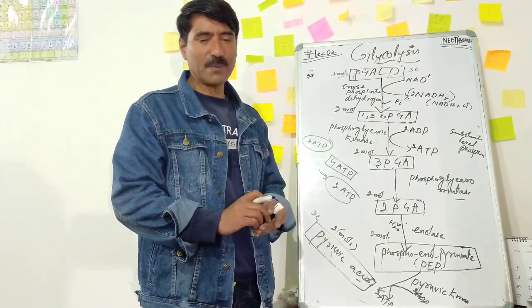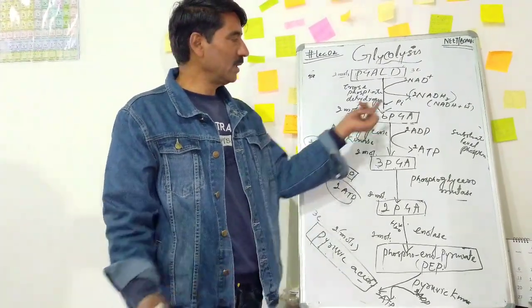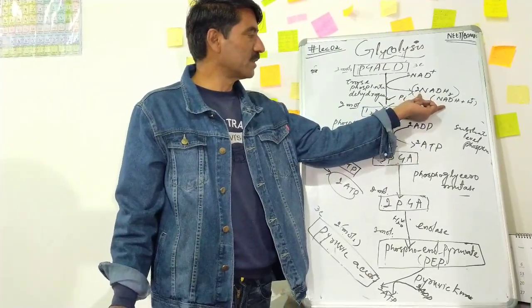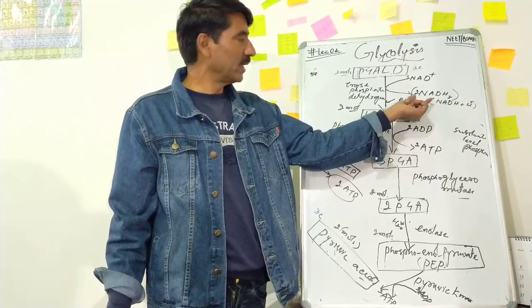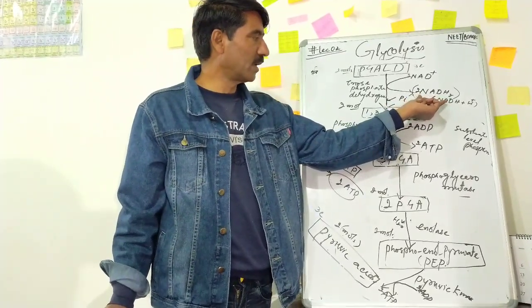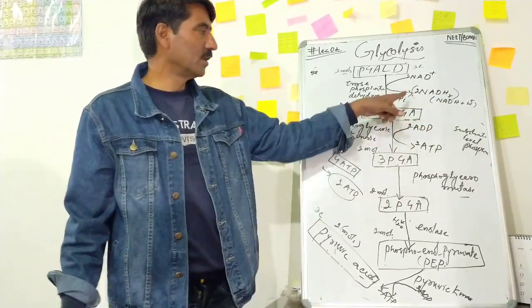But in case of aerobic respiration, these reduced coenzymes are passed into the mitochondria, where they transfer their electrons and protons.